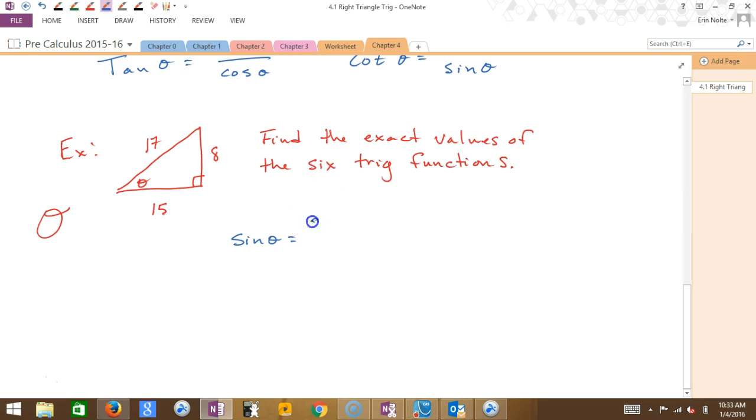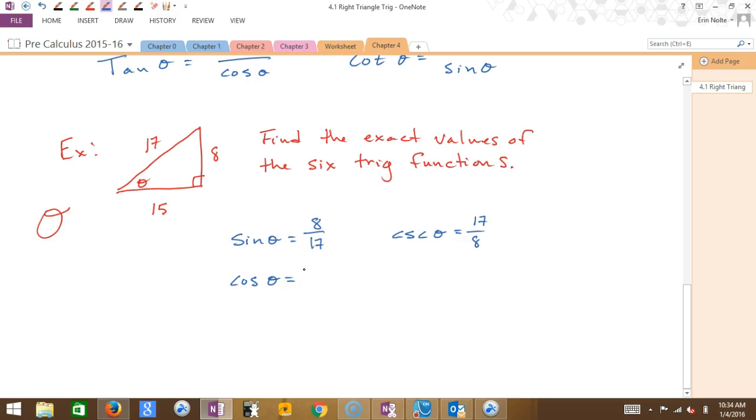8 over the hypotenuse, which is 17. Okay, I'm going to go straight to the reciprocal of that. The reciprocal of sine is cosecant. So what would my ratio for cosecant be? 17 over 8. Very good. Okay, so then we can go to cosine.